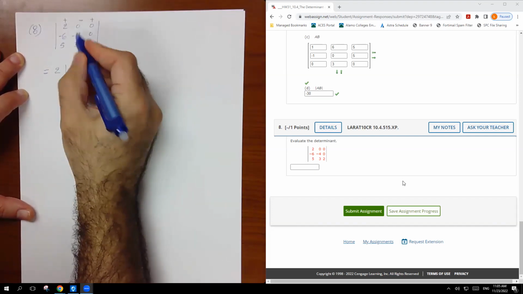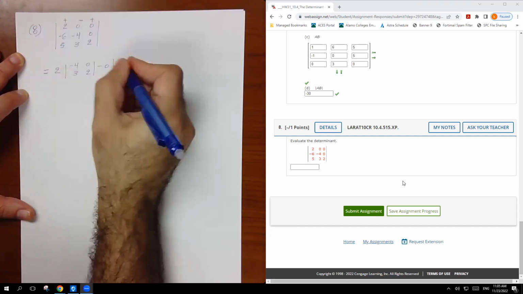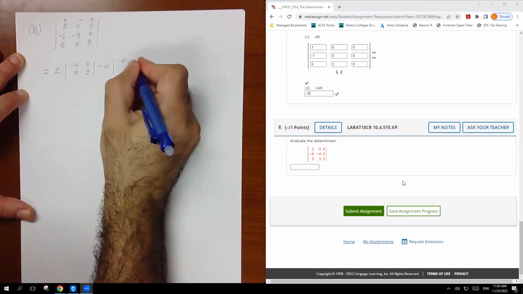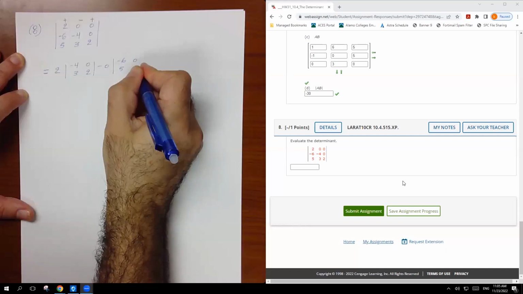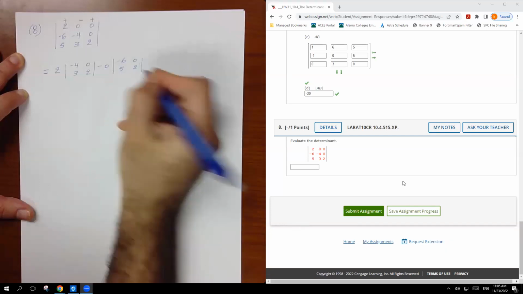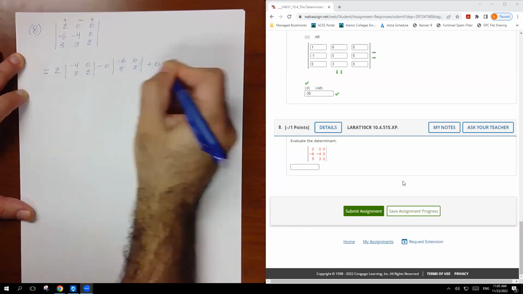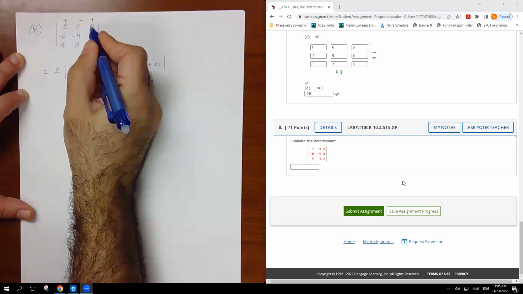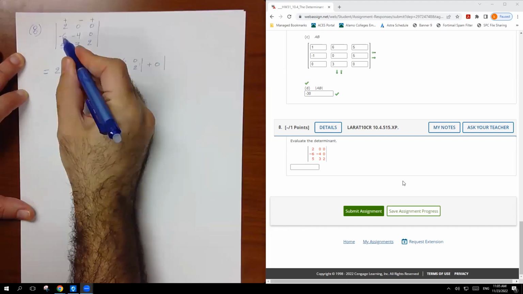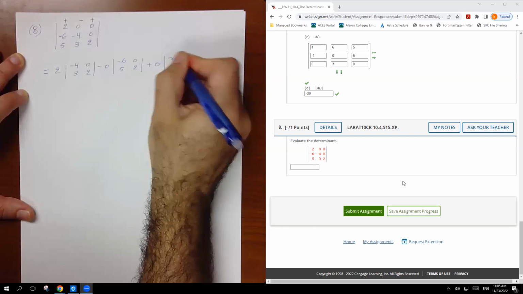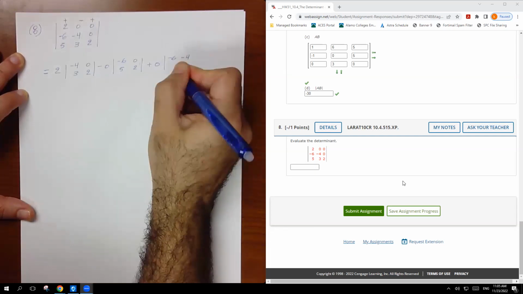Cancel this row on now the second column, so it's going to be -6, 0, and 5, 2. Plus, and here is 0. Cancel this column on this row, so it's going to be -6, -4, and 5, 3.